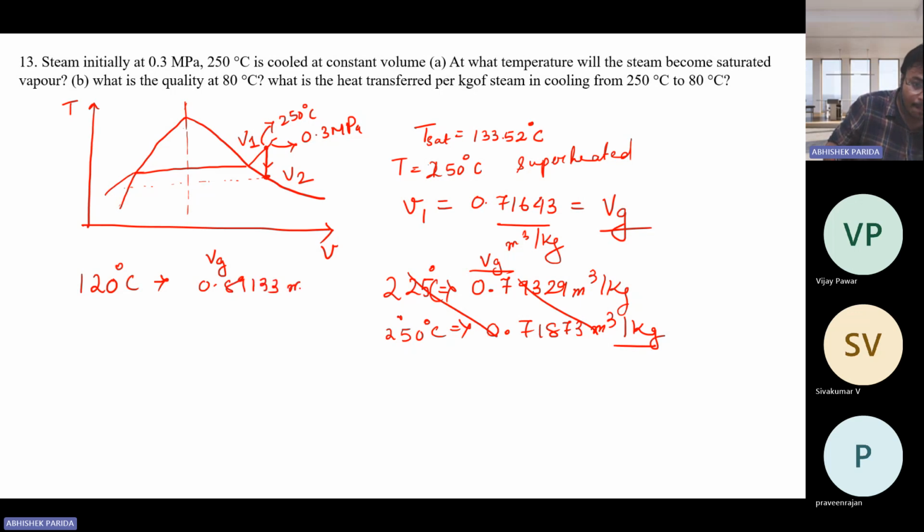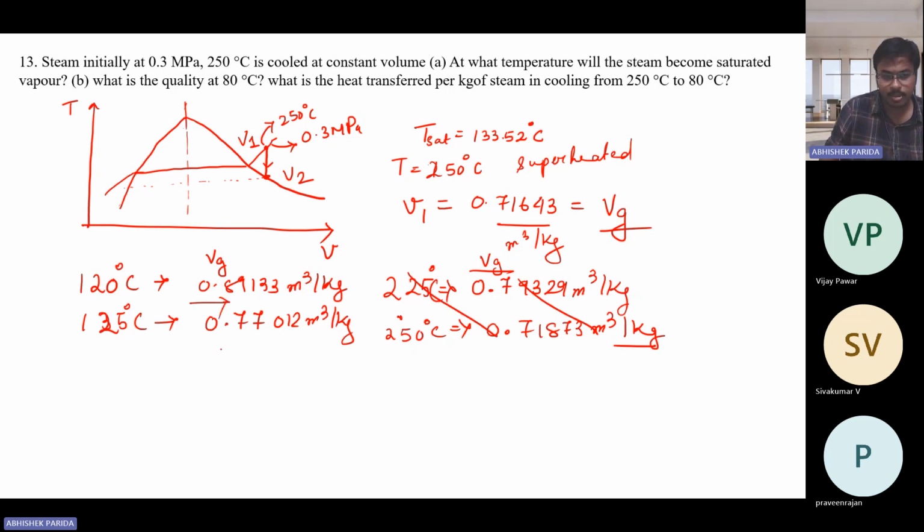Correct? Yes, sir. And next is 125. At 125 degrees Celsius, you are getting 0.77 meter cube per kg. So it should fall between these two.